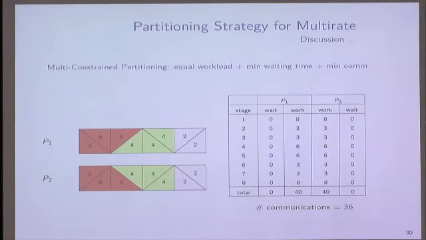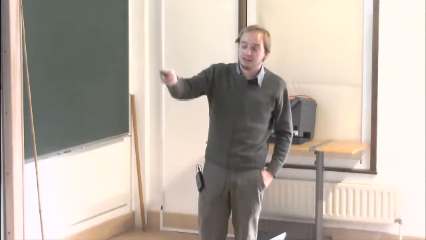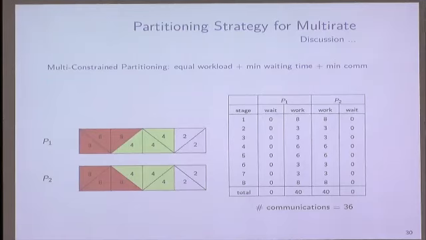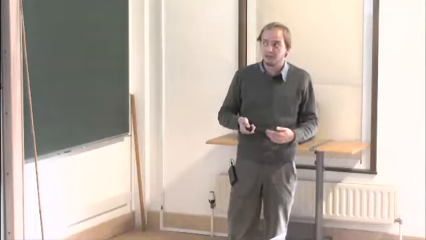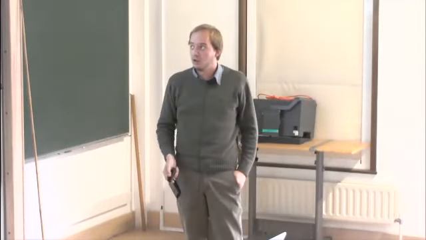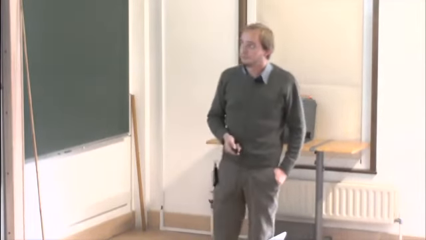And so then we should have nothing to wait unless we have to wait due to communication. But the communication will be very high, not only because you cut 4 element interfaces, but also because they have a high weight, because you have two neighbor elements that have a multirate load 8, and so they will have to communicate a lot more than the 2 elements that have a multirate load 2.